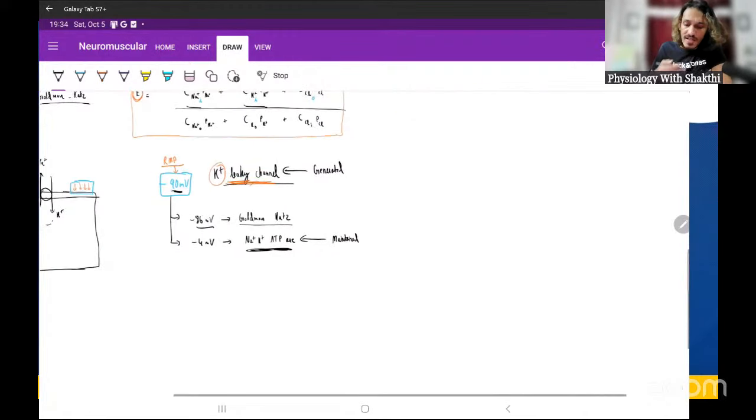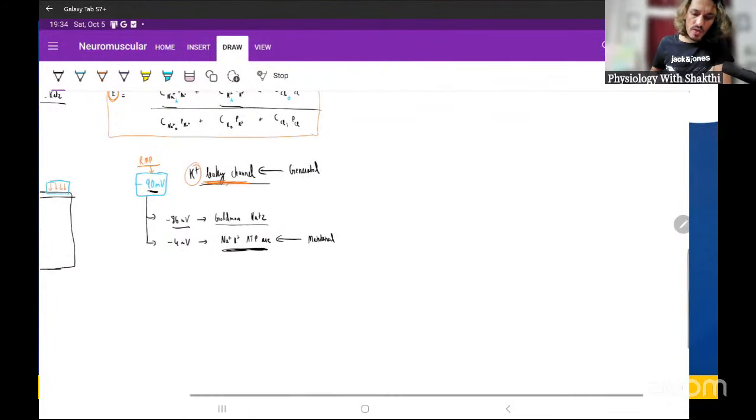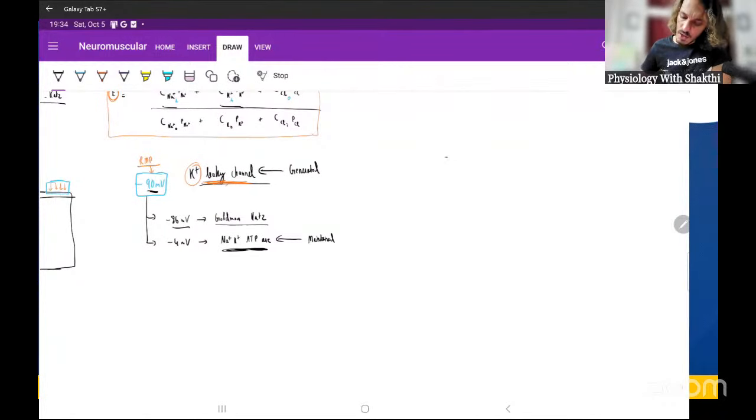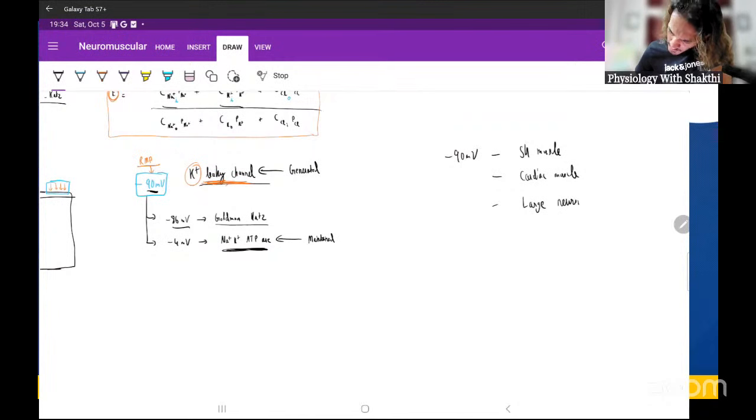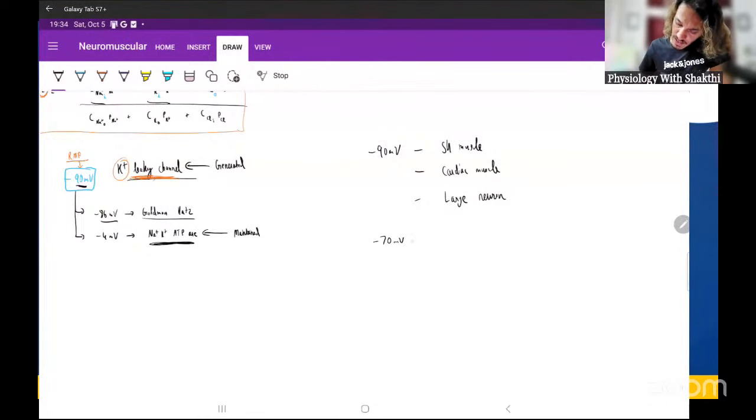Okay. Now you can give examples of your resting membrane potential. As I was telling you, usually minus 90 is your resting membrane potential for your skeletal muscle, cardiac muscle, typically large neurons. Around minus 70 millivolt is going to be smaller neurons.